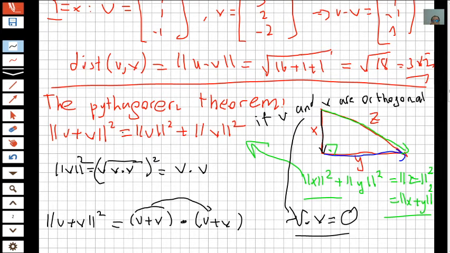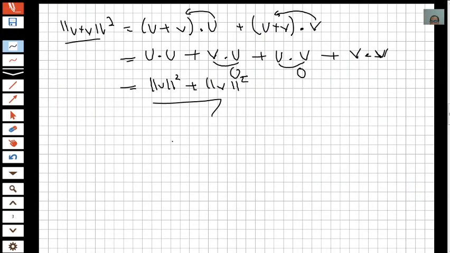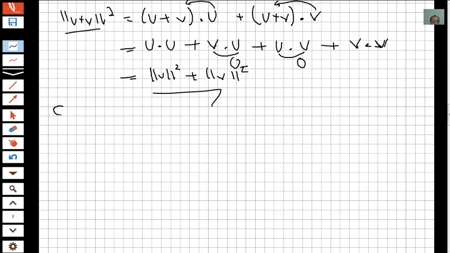And conversely, we have two sides for this theorem. Conversely, if we have just this equality, we don't know yet whether they are orthogonal to each other or not.